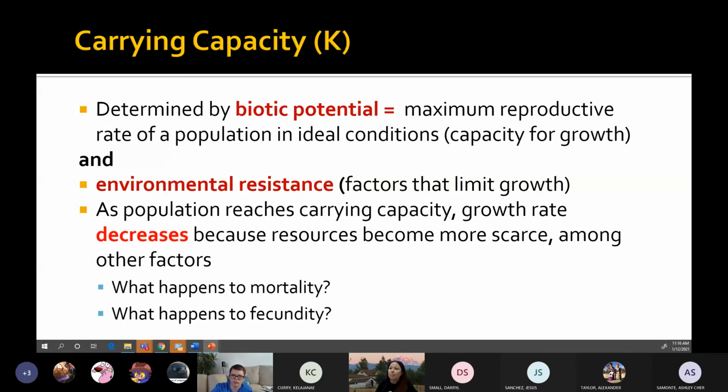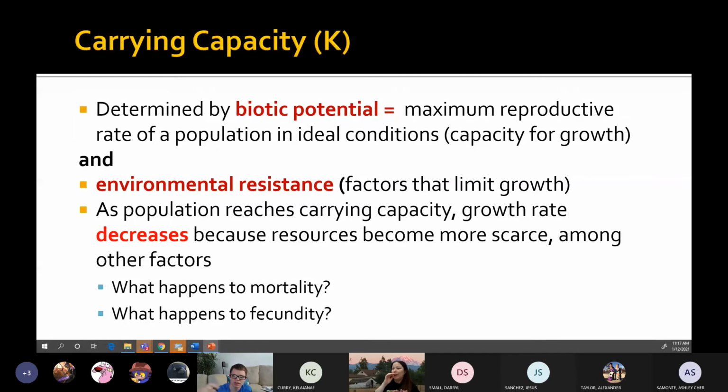But chances are the mortality rate of your offspring is then going to increase. So you're going to have an increase of babies continually, but their mortality will increase. Okay, you confused me. As the population reaches carrying capacity, growth rate decreases.